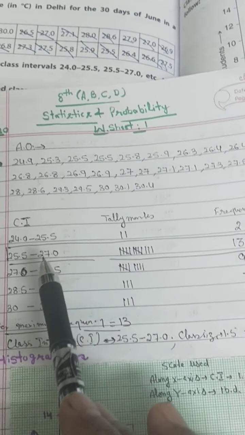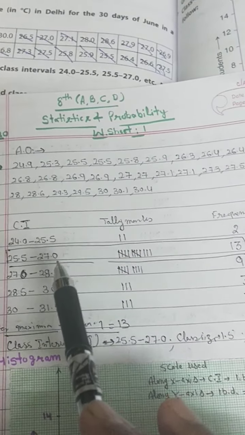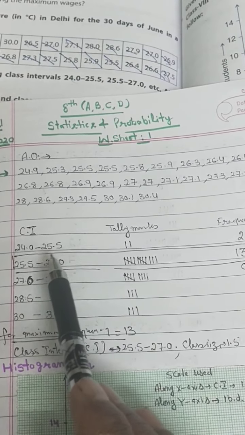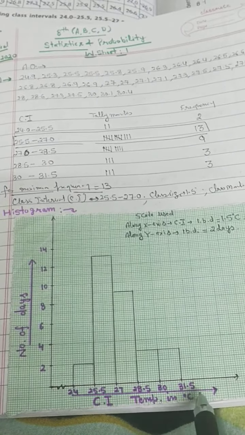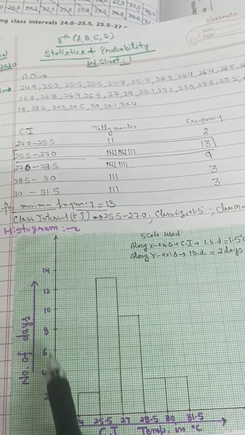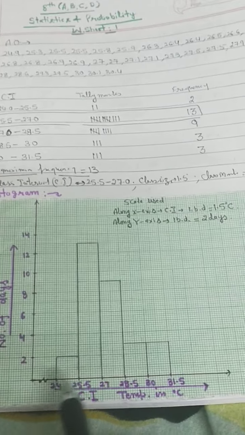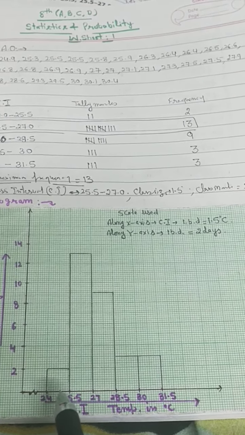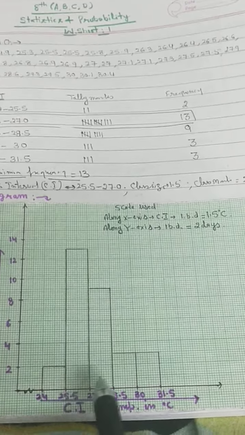So the class interval given is 24 to 25.5. We can represent class intervals along the x-axis and number of days along the y-axis. This is your histogram; we have rectangles, but there is no space between them.